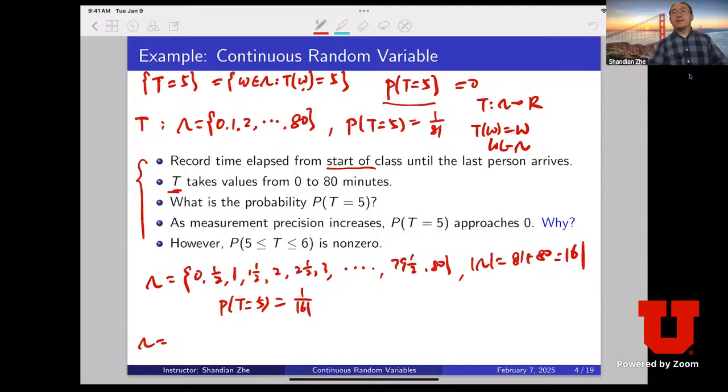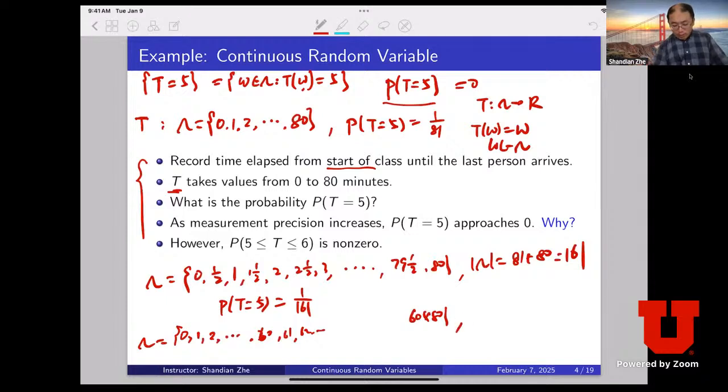It could be 0 second, 1 second, 2 seconds, up to 60 seconds, which corresponds to 1 minute, and then 61 seconds, 62 seconds, until 60 times 80, which is 4,800 seconds, which is 80 minutes, right?